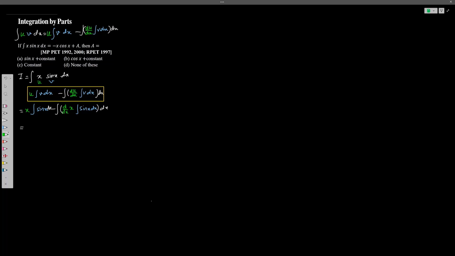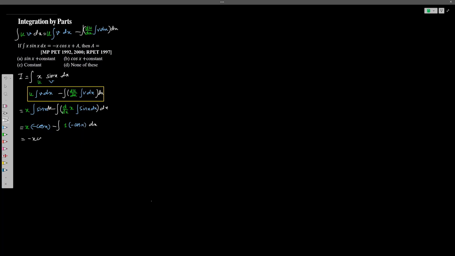Okay, so in the first term x as it is, integration of sin x is minus cos x, minus differentiation of x is 1, integration of sin x is minus cos x, dx.